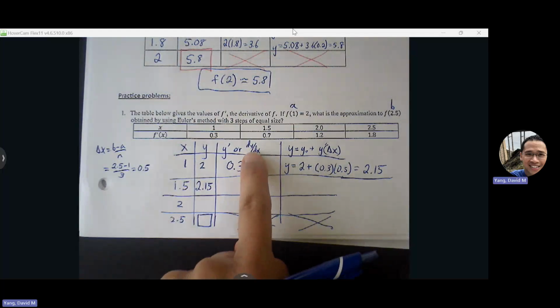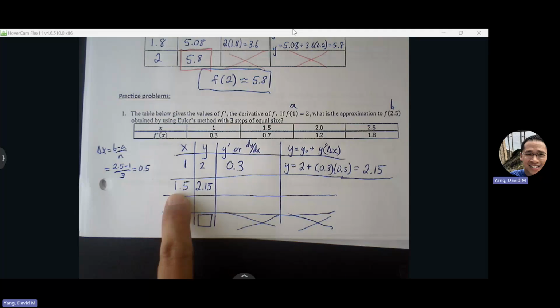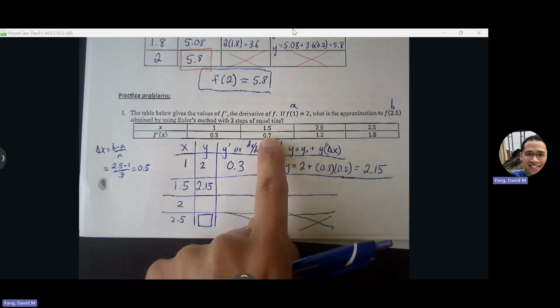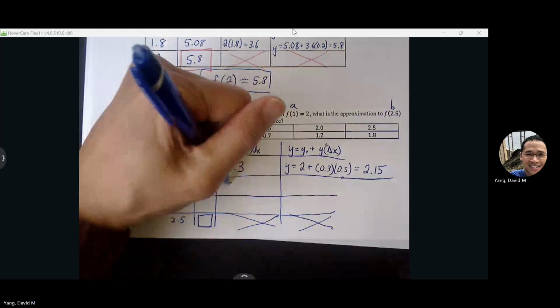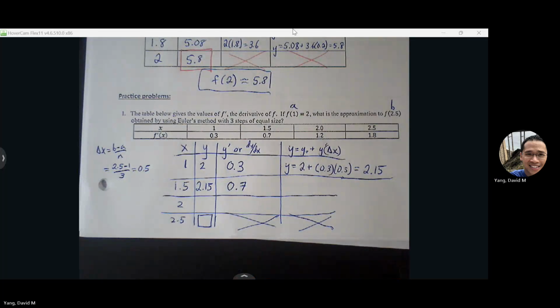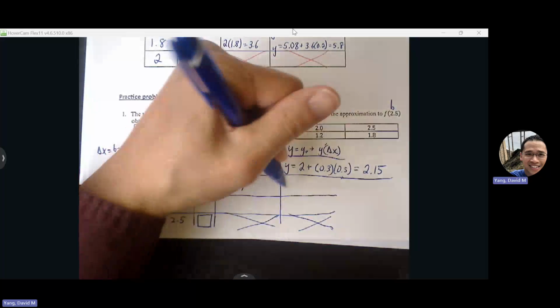Okay, so now we want to find the slope at 1.5. Our table does provide that for us. The slope at 1.5, f prime of 1.5, is 0.7. Tangent line equation to get our new y value.